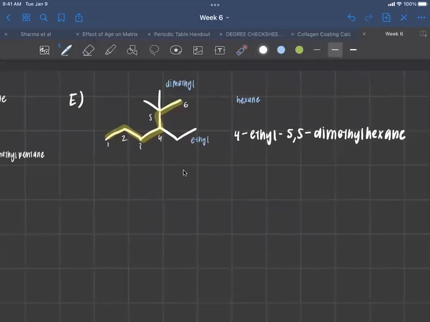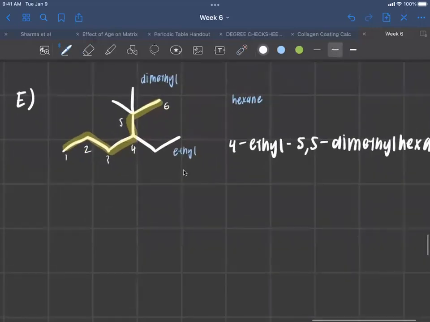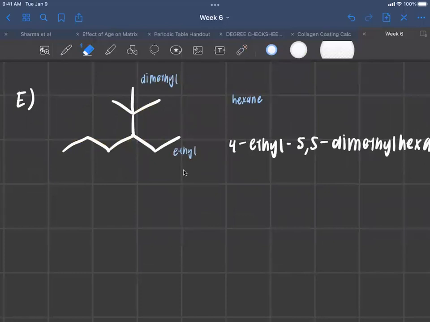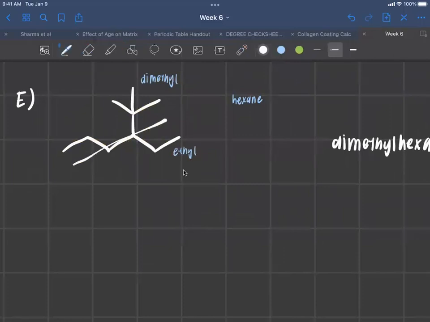Actually, taking a look at my answer key now, I numbered our parent chain incorrectly. So instead of numbering it as I did earlier this way, it should have been this way.